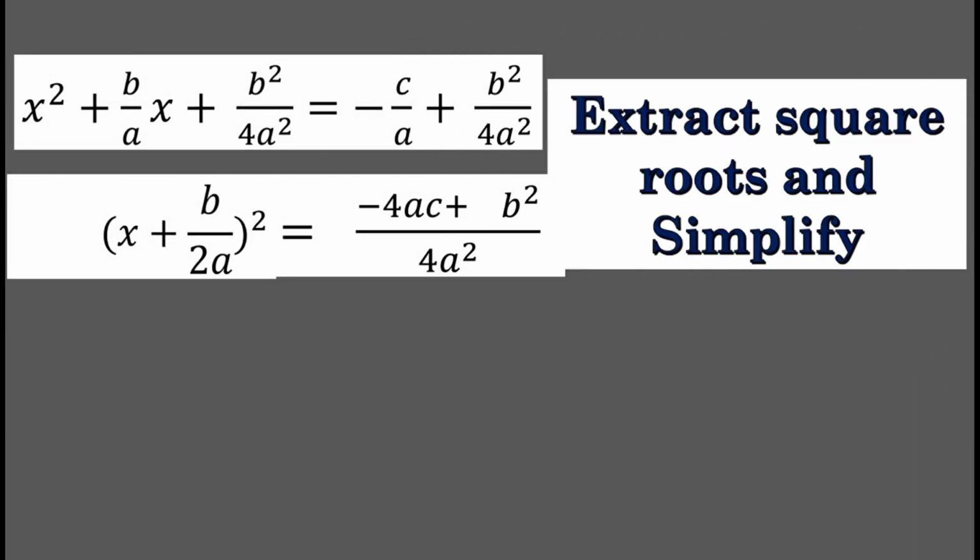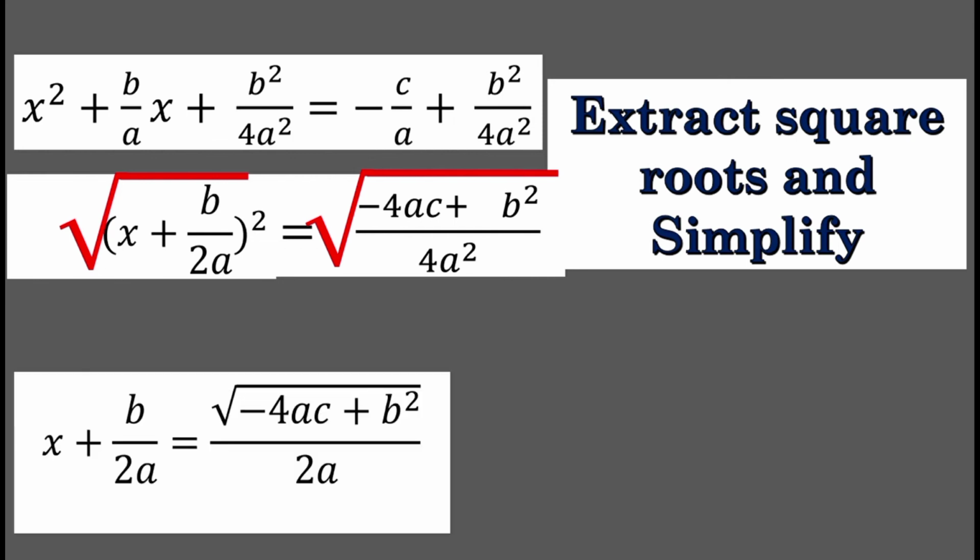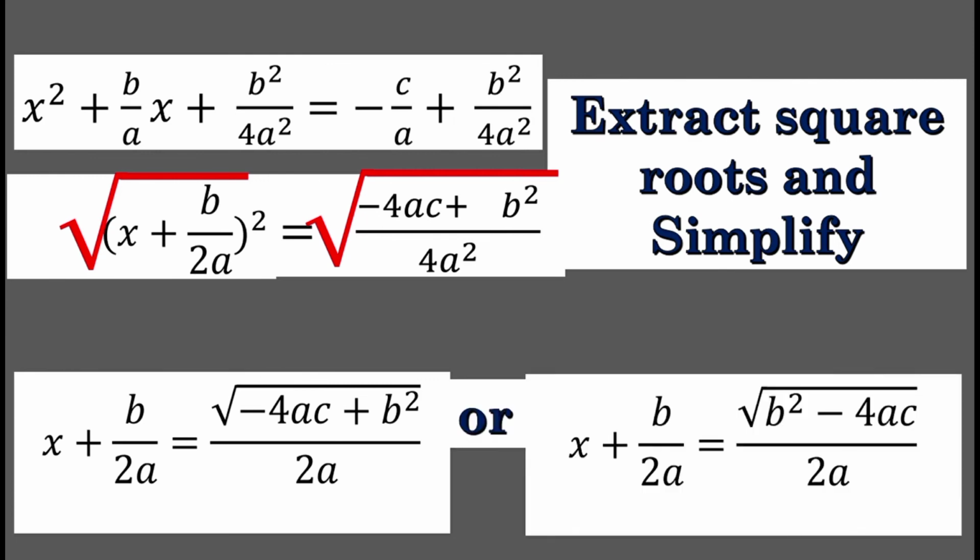Extract square roots and simplify. We will apply extracting square roots. Therefore, the simplified form is x plus b over 2a is equal to, copy the radicand, square root of negative 4ac plus b squared all over square root of 4a squared becomes 2a. Then, we can write this as x plus b over 2a equals square root of b squared minus 4ac all over 2a.